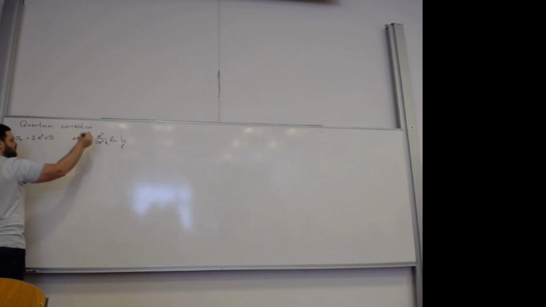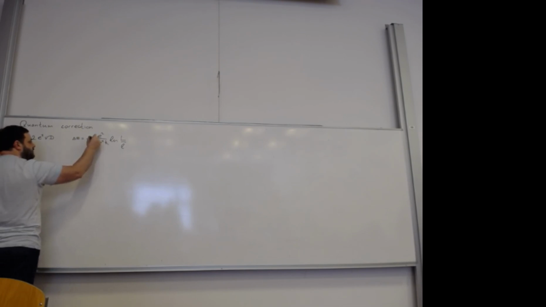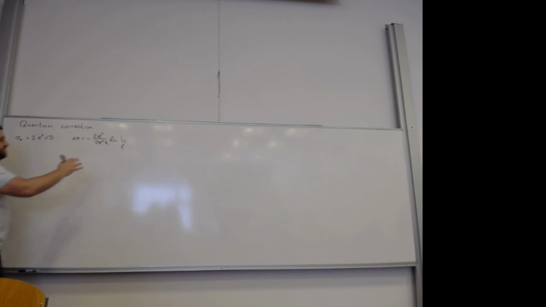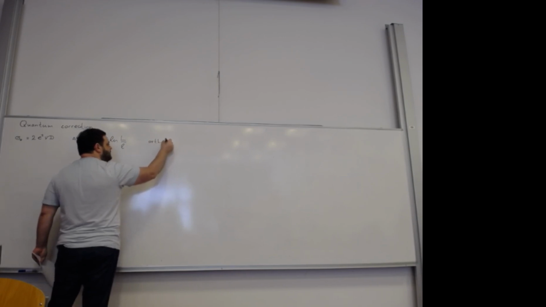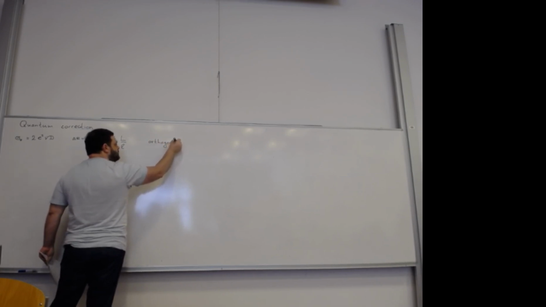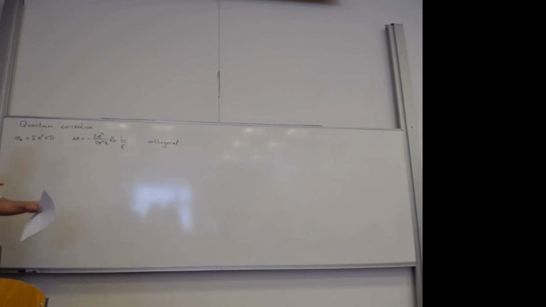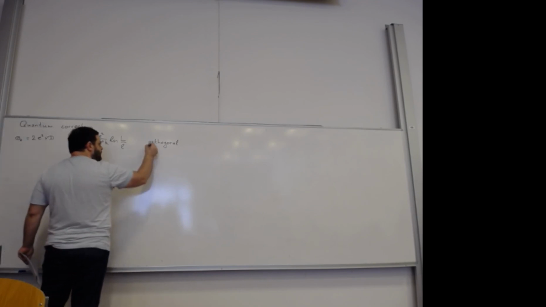And since we have spin, it has another 2 here. This situation is called the orthogonal case, and it corresponds to a system where spin is conserved.